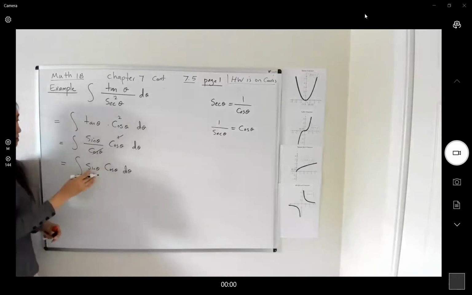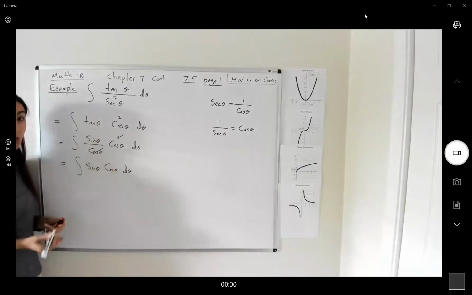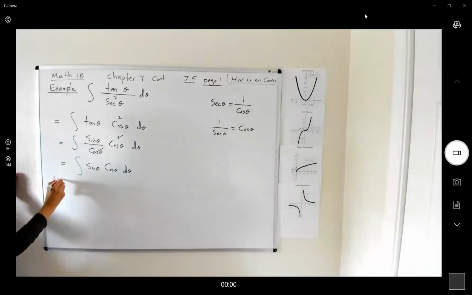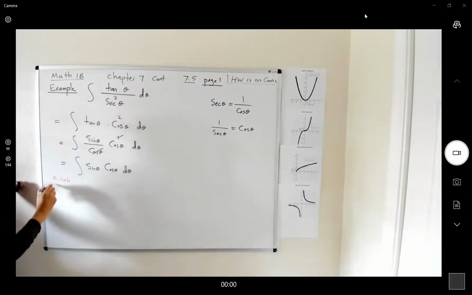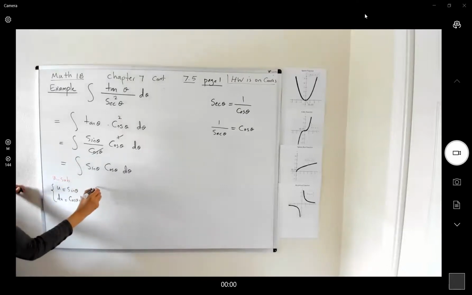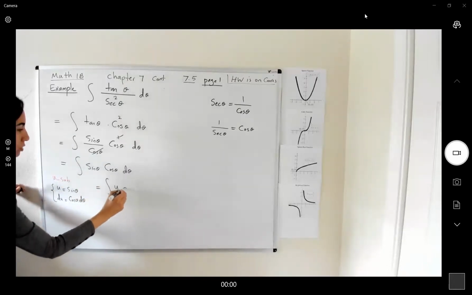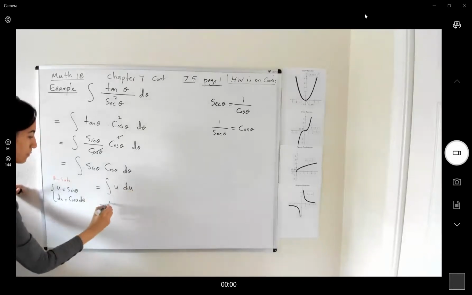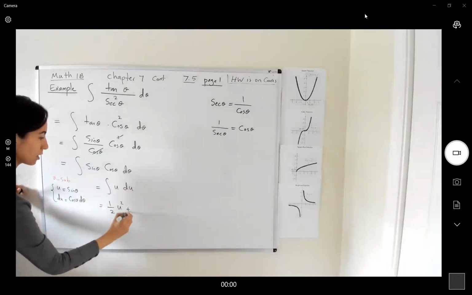Okay, I have sine, I have cosine next to it. What's the meaning of that? It means that you can quickly use u-substitution. Let u be sine theta, so du is cosine theta d theta. This is equal to the integral of u du, which is equal to a half u squared plus c.